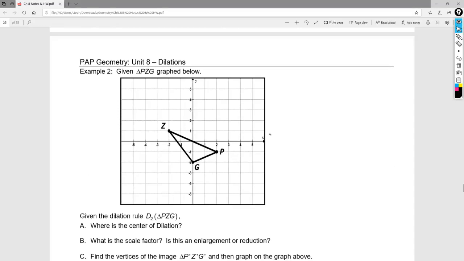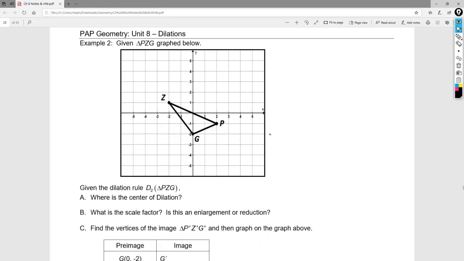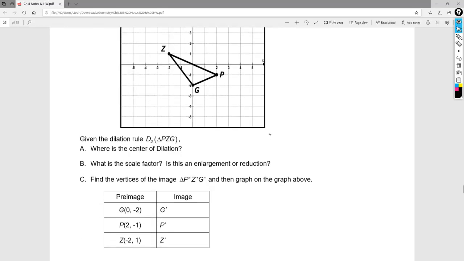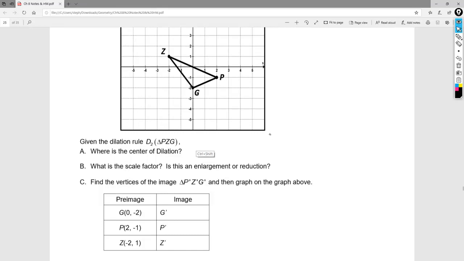Alright, moving on. So now I have a triangle PZG, okay, and they gave me the dilation rule here. So I have a scale factor of 2, and I am dilating my triangle. Okay, so they want to know first, what is the center of dilation, which they told me is, well, there's nothing there, right?